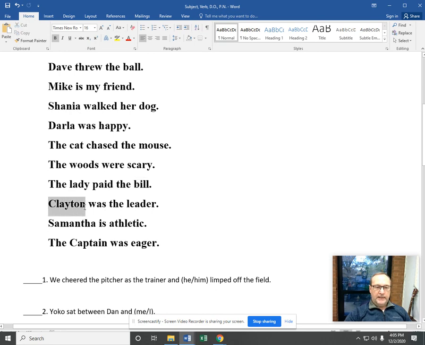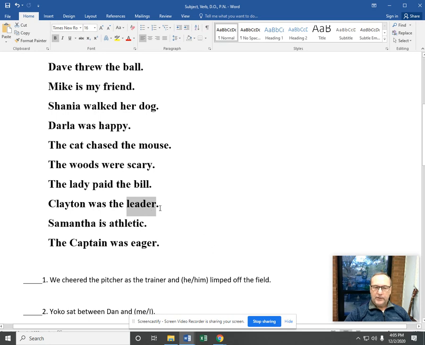The next one says Clayton. We know that Clayton is the subject. The verb is was. We have to ask ourselves, what kind of verb is it? And we know that it is a state of being verb, so it functions like an equal sign. And leader, is that going to be a direct object or is it going to be a predicate nominative?